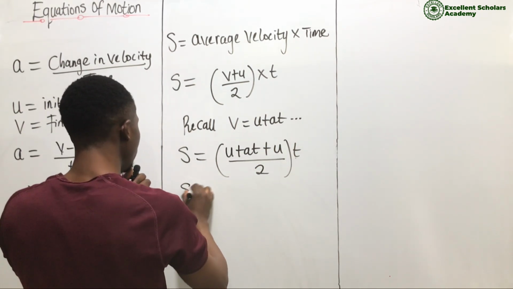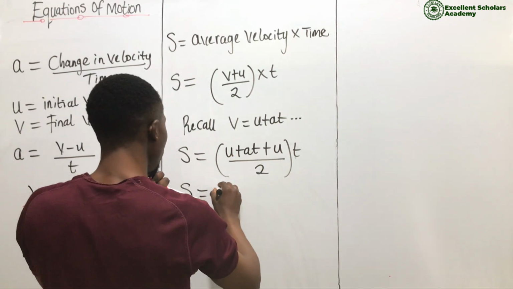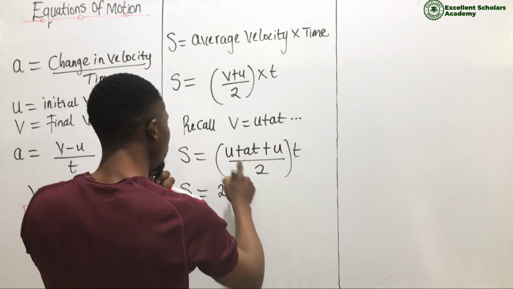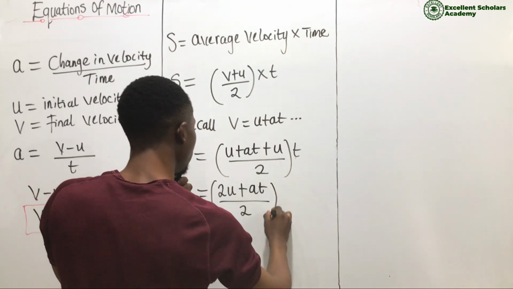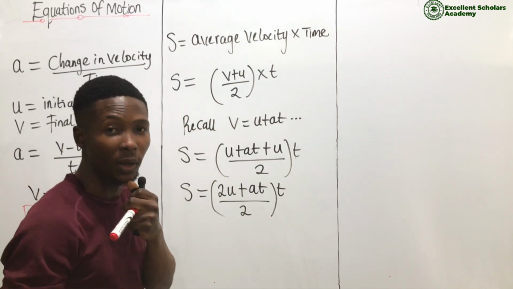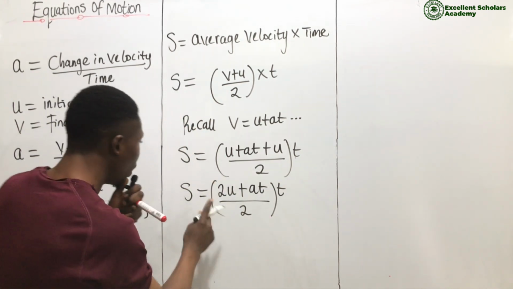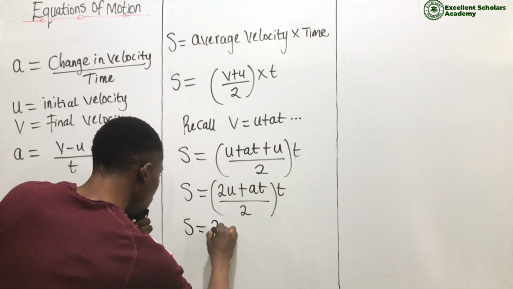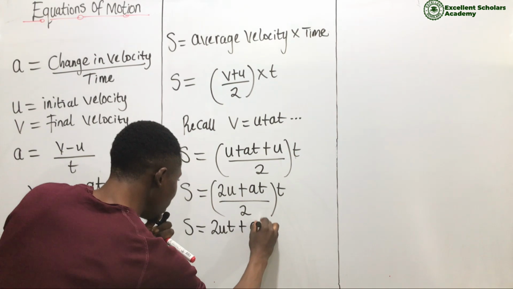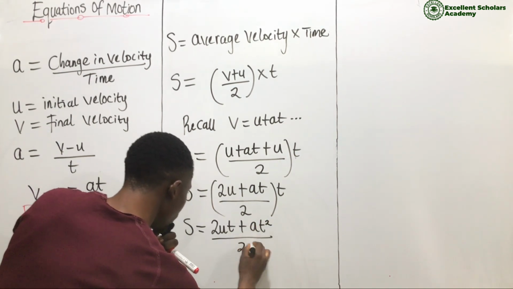Now u plus u gives us 2u plus at, over 2, multiplied by time. Multiplying with this t, s is equal to 2ut plus at squared over 2.